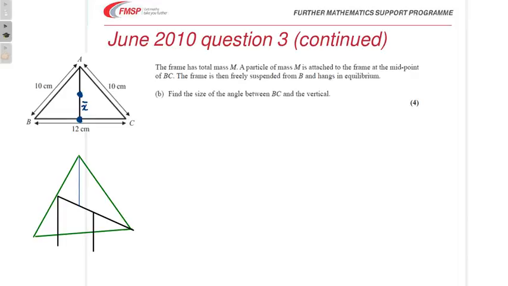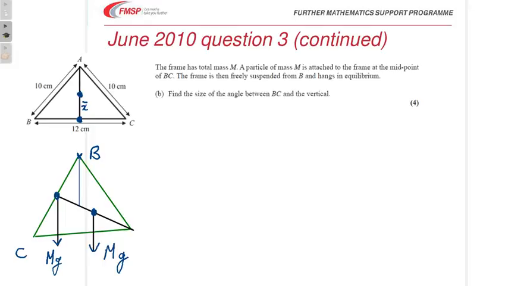So if this is B here, and C, this is a mass M, so the weight of it is capital Mg there. This is the centre of mass of the frame, that's an Mg there. This is the point of suspension, B. And we want to find the angle between BC and the vertical.